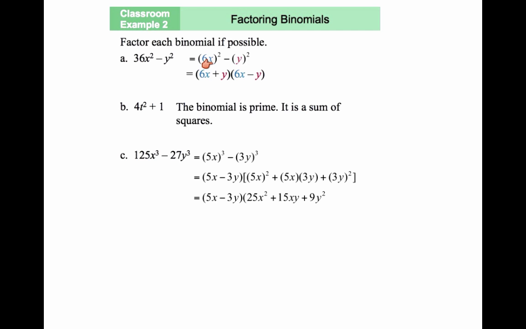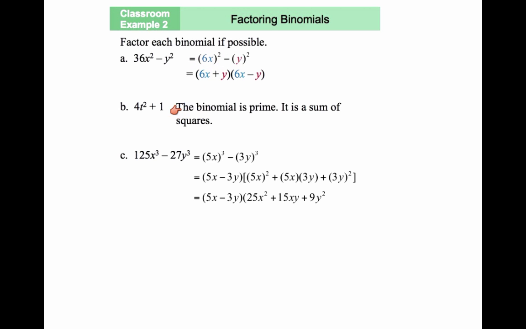So the first term obviously is 6x. If I take 6x and multiply by itself, 6x times 6x, that gives me 36x squared. So the first term is a perfect square. The second term is y squared. So I can identify my first term and the second term easily.